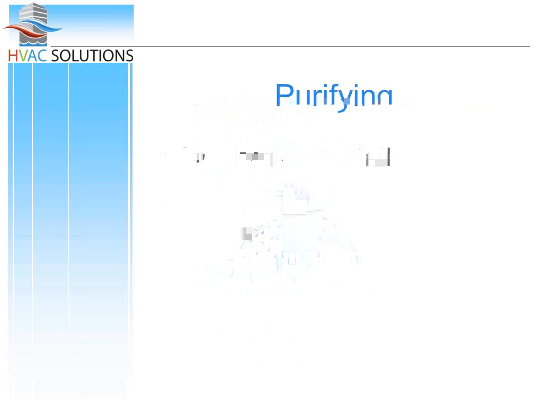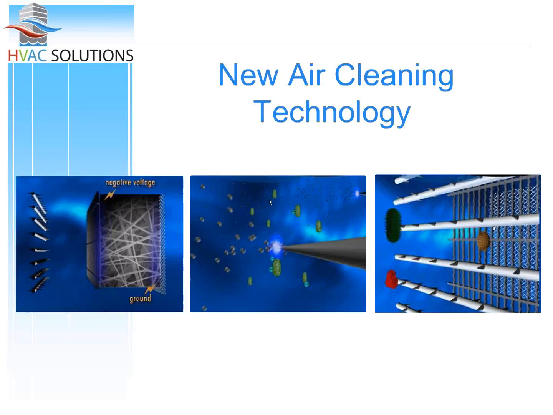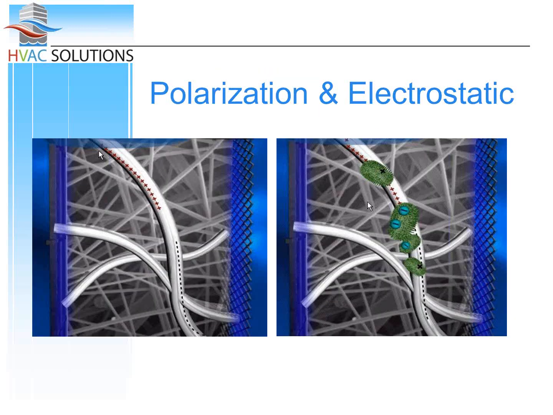So you get the efficiencies of an electronic with the ease of maintenance of a media air cleaner. Really what we're doing is charging the air that comes through this filter, and then we are grounding the filter material to make it attract more and make that filter more efficient. So it's basically positive and negatively charged air getting attracted to a grounded media.